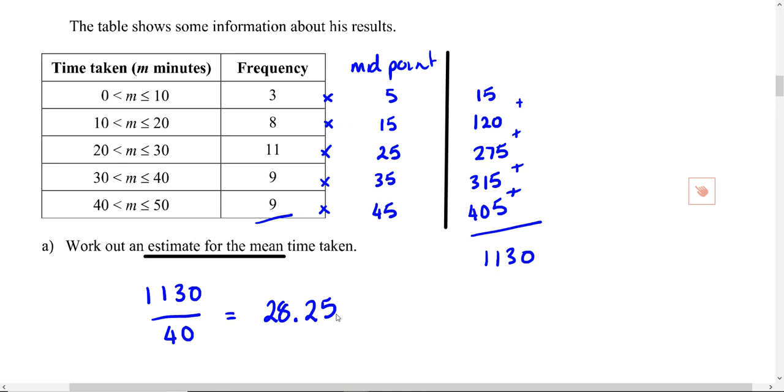Let me just check. We ought to always check when we work out a mean. We should validate it. Wrong use of the word, but verify. We can't necessarily verify it because we don't have another source of information to say are we correct or not.